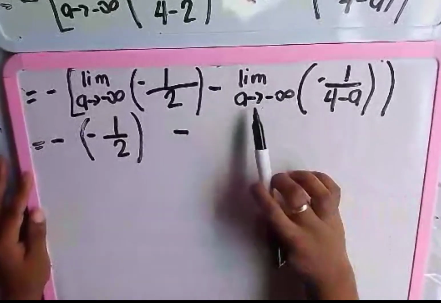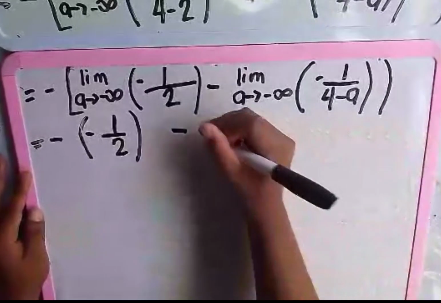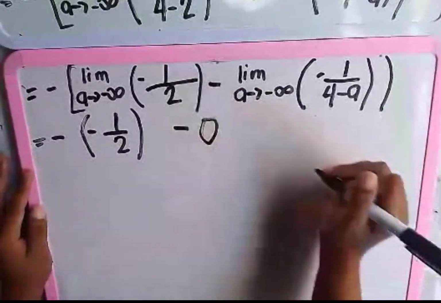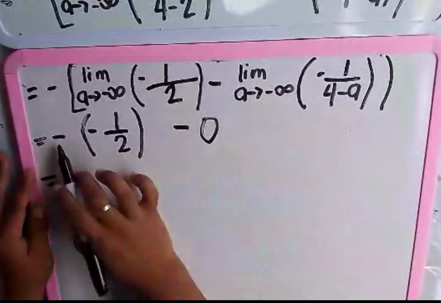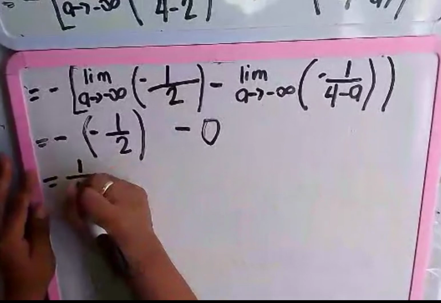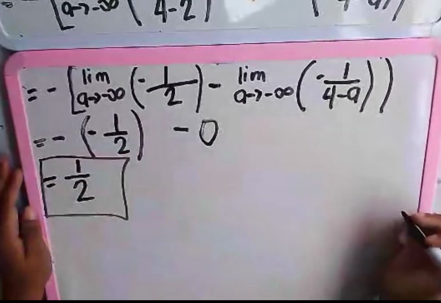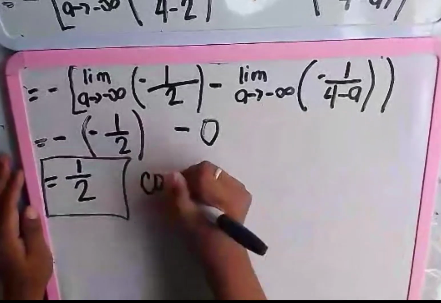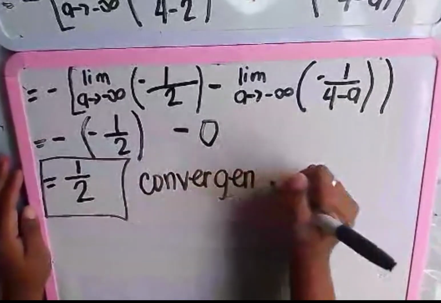Since a approaches infinity, we take this value as 0. And then, we have negative times negative 1 half, which is positive 1 half. So, the function is convergent since it has a finite value.